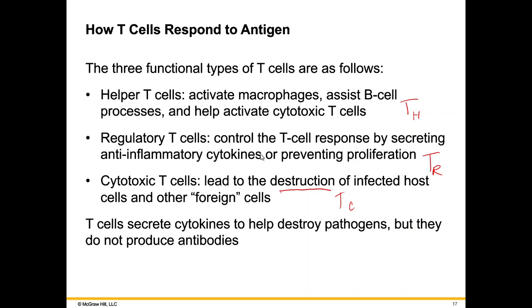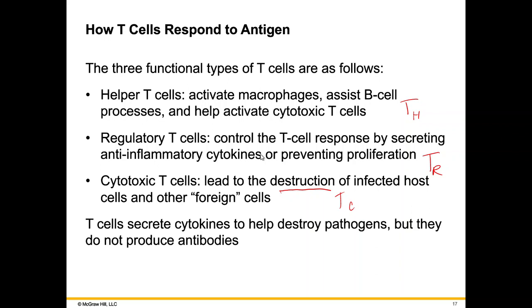Because remember, all these other responses are upregulating the immune response, making cytokines, making inflammatory things, making lots of cells, but we don't want our immune system to get out of control. That's where these regulatory T cells come into play by down-regulating some of these processes. If too many cytokines are released, we'll have too much inflammation, and that can actually be a bad thing. So we want to keep our immune response under control.